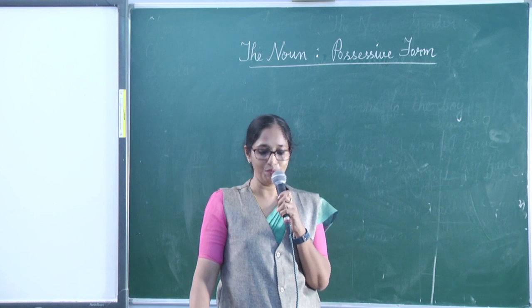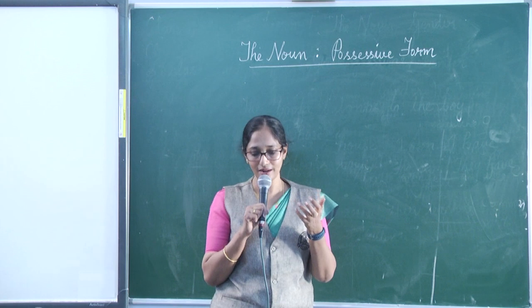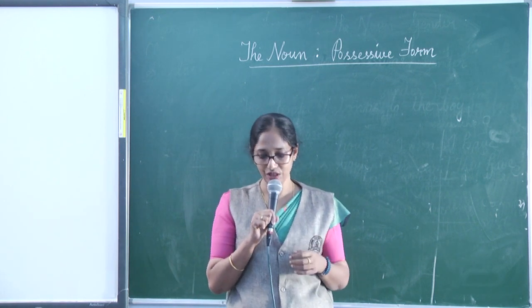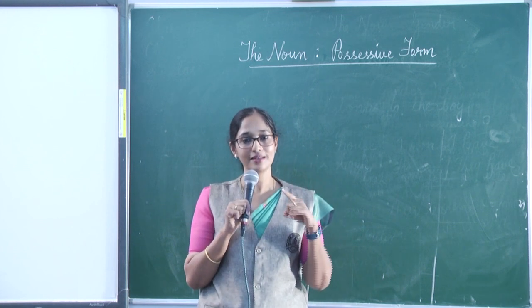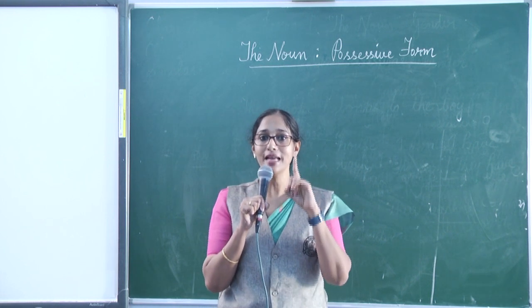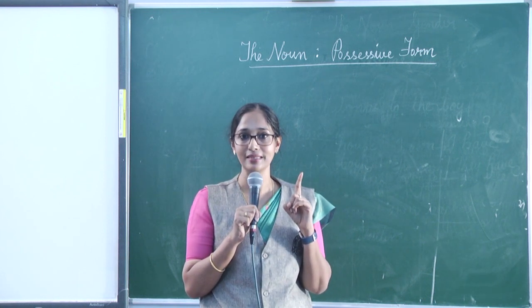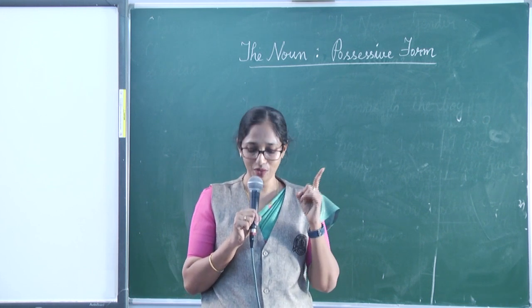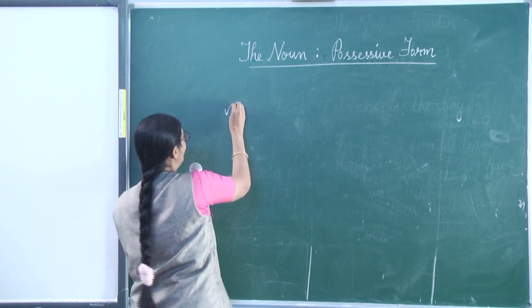That is very important. So the first rule, if we want to change a singular noun to a singular possessive form, add an apostrophe s after the singular noun. The singular noun should not end in s. If the noun is not ending in s, then you have to put an apostrophe s to form the possessive form of the noun. So I'll write the rule here.